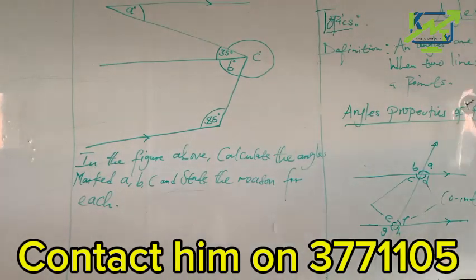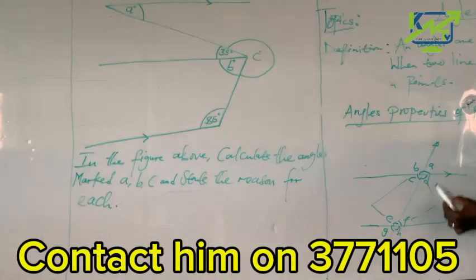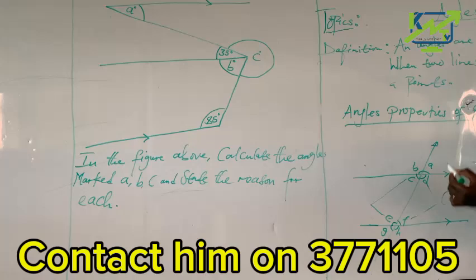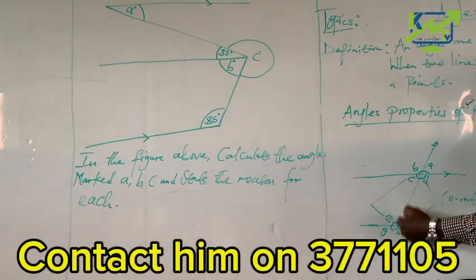Now, all these properties, and here we also have angles at a point. A, B, C, D all meet at this point. If you know A, B, C but need to find D, you can say they are angles at a point, and you add them up to 360 degrees. The same thing applies down here as well.